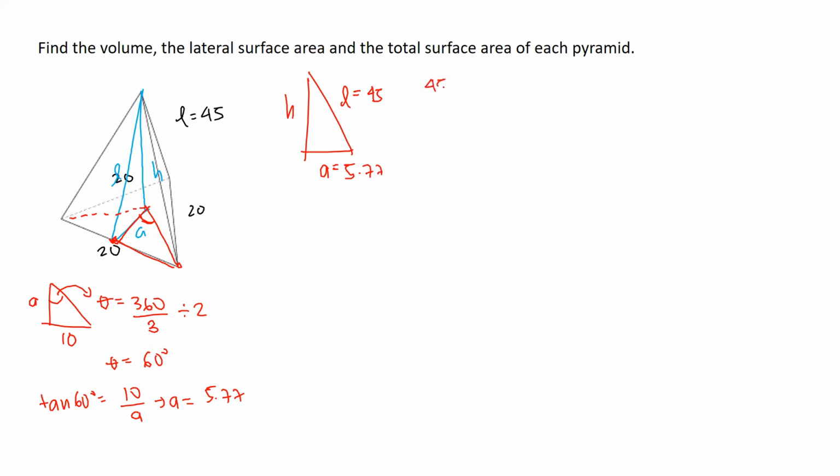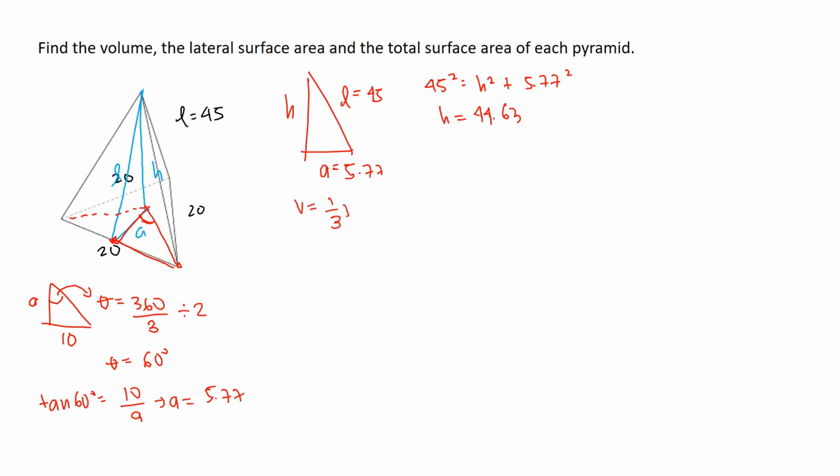So, that's just 45 squared is equal to h squared plus 5.77 squared. Solving for h, that's 44.63. That's your height.